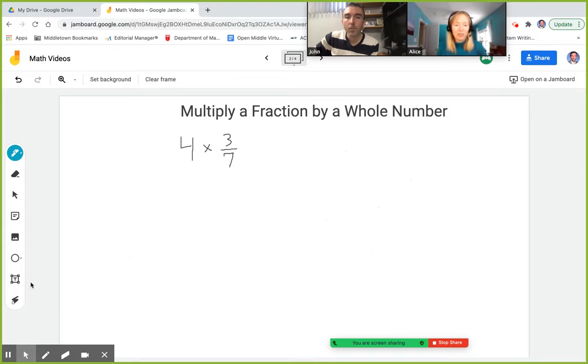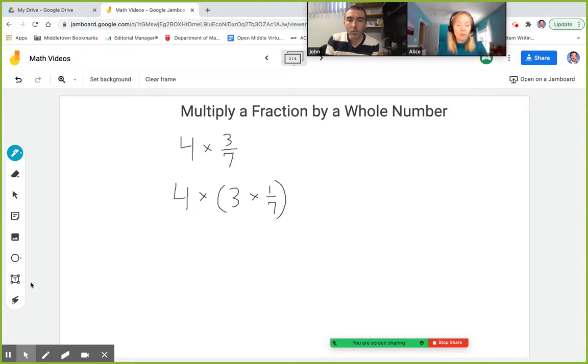Okay, for our next problem, we're going to do 4 times 3 over 7. With the fraction, I want to break it apart so that there's a 1 in the numerator. So I'm going to rewrite 3 over 7 as 3 times 1/7.